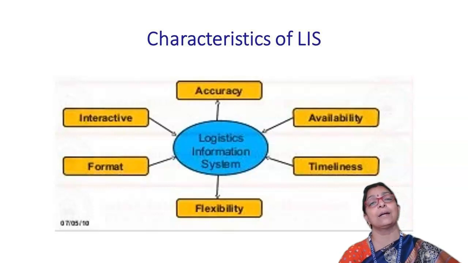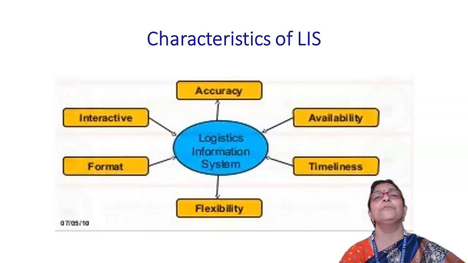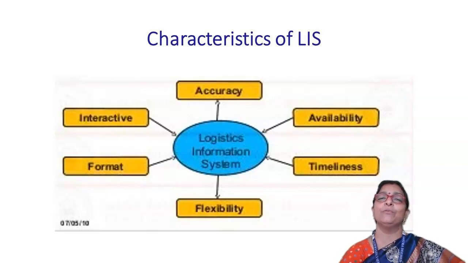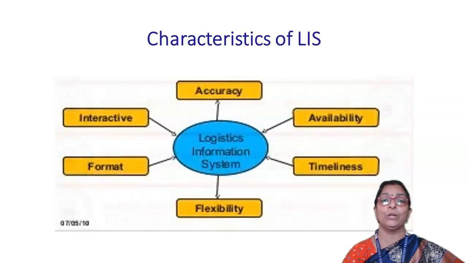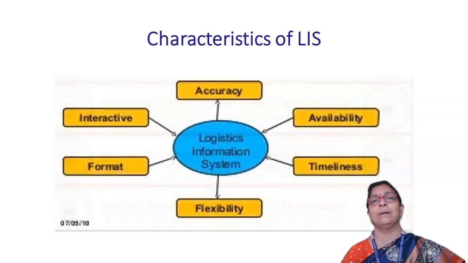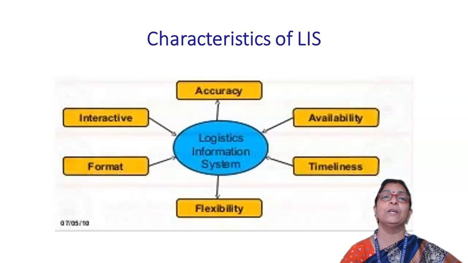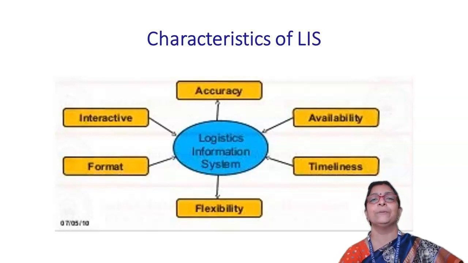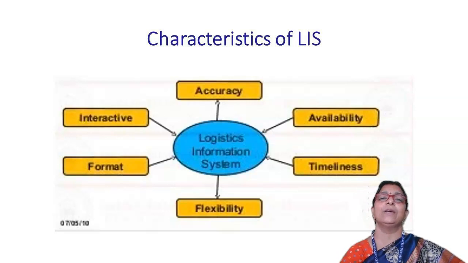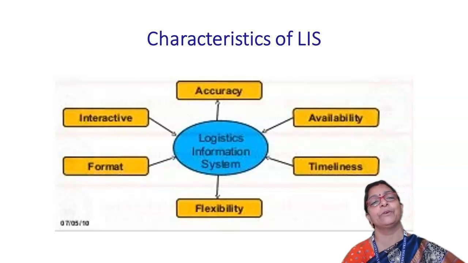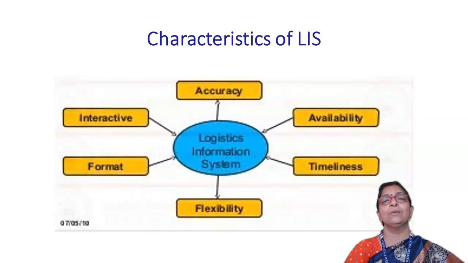Then the interactive. It is not possible for human beings to be aware of deviations, specifically when operating level activities are voluminous: number of branches, number of inventory items, number of processes, or responding to a big customer order. If the safety or reorder level of the inventory has dangerously deviated from the norms, then what will happen?